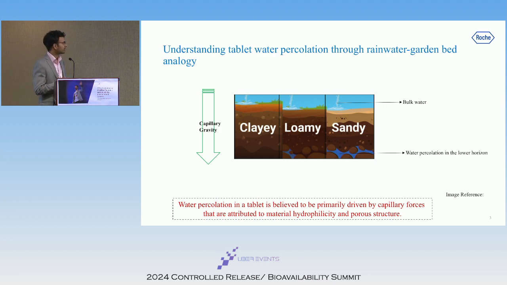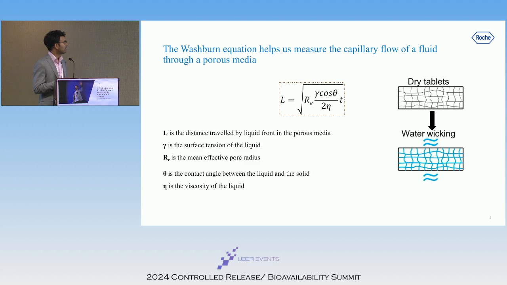For tablets specifically, for water absorption, the composition of the material is extremely important. So if we have hydrophilic materials, it enhances water absorption, and porosity helps enhance the distribution of the water in the tablet matrix.